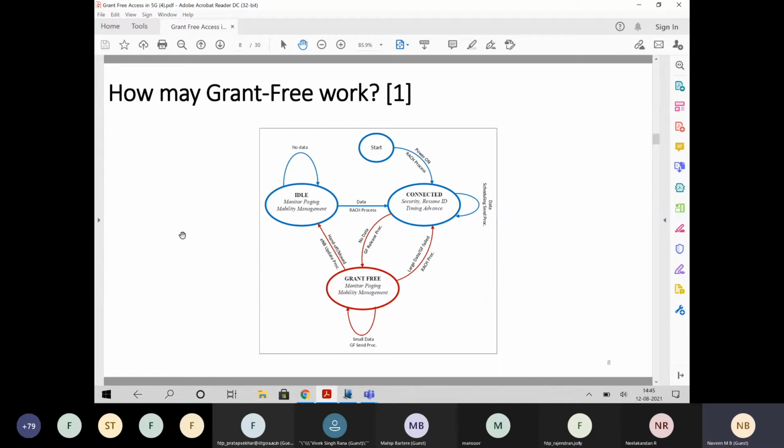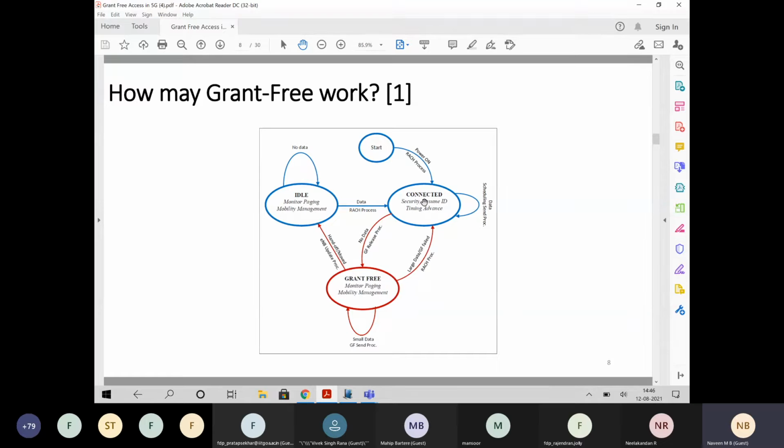This was one proposal we put up, and I'm happy to say that our industry partner presented this work to the 3GPP standards, and from that moment onwards, many companies pitched in, and everyone decided that grant free will be done for small data. That is, if you sleep from the initial connection, and when you wake up you have only a small data to send, then you do grant free. That is why it's written in red here.